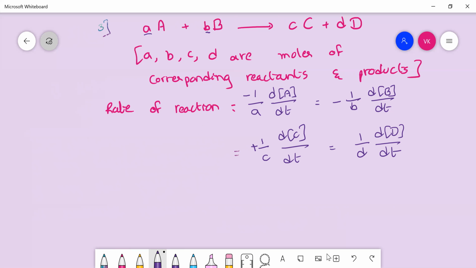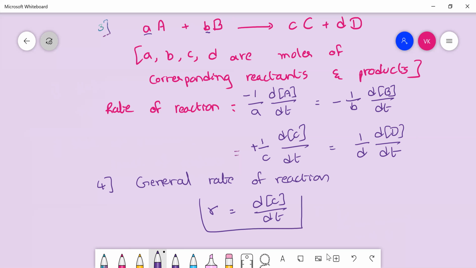Now let us write the rate of reaction for general reactions. So the fourth one, what is a general rate of reaction? How can we write a general rate of reaction? Rate R is equal to change in concentration with time. This is called the general equation. In this general equation, if you see, C is in the numerator and time is in the denominator.